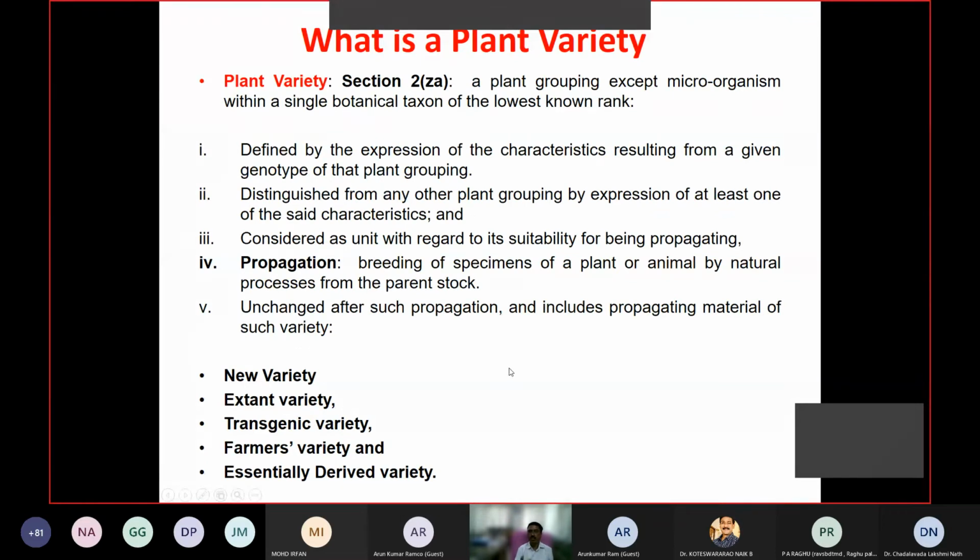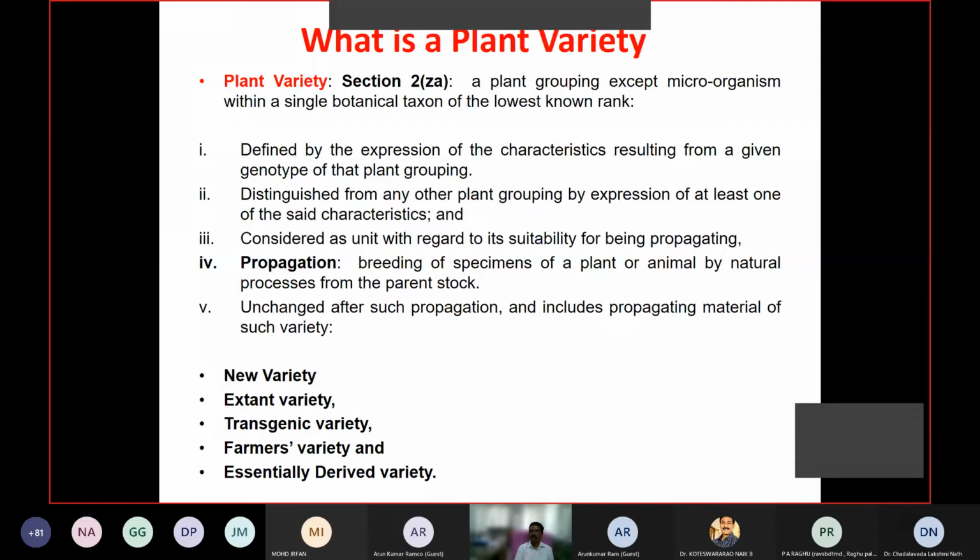So that's why we clearly define the plant variety: characteristics resulting from the genotype of the plant group, and how it is distinguished from one group with at least one characteristic. It has to be different from one variety to another variety, and how propagation has to be done.